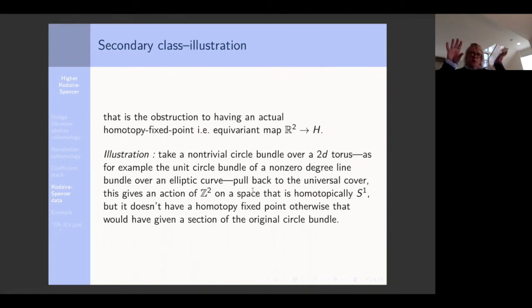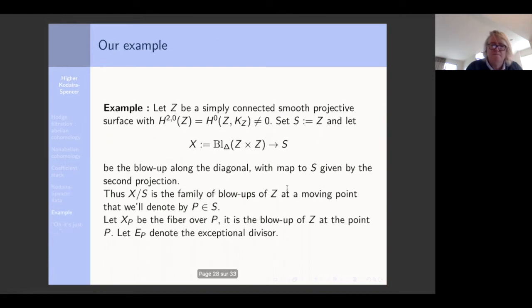That circle bundle is homotopically S1. So we get an action of Z2 on a space which is homotopically S1. It doesn't have a homotopy fixed point, because if it did, that would give us a section of this circle bundle, which for a non-trivial degree line bundle doesn't exist. So that's just an illustration that you can have an action that has a non-trivial class.